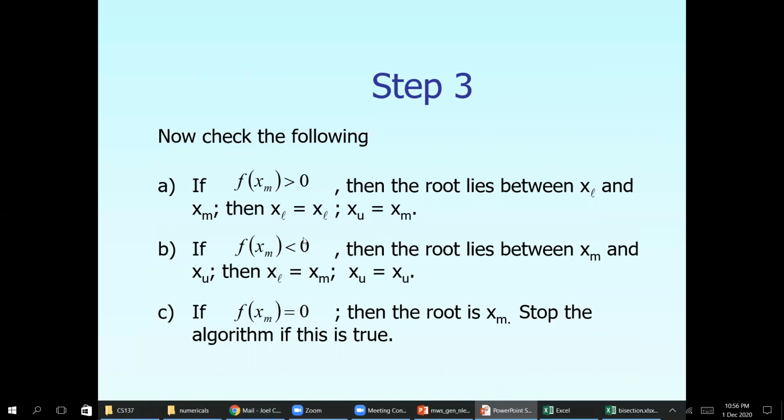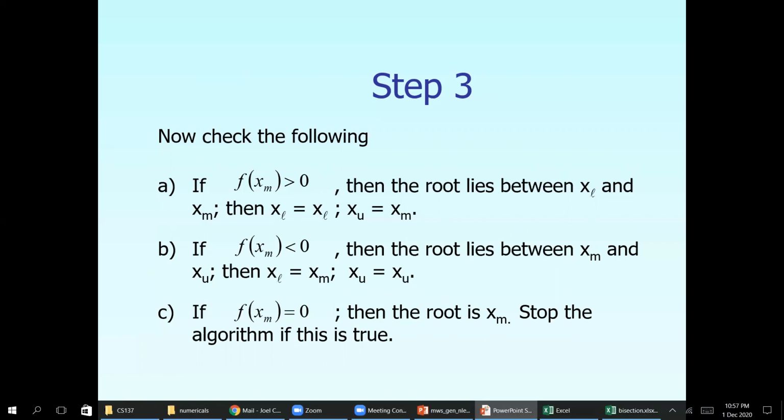But if the result is negative, you're going to change x sub l to x sub m, but x sub u is retained. But in case the function at x sub m is equal to 0, that x sub m is already the root of the equation.